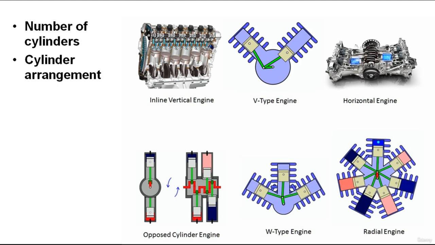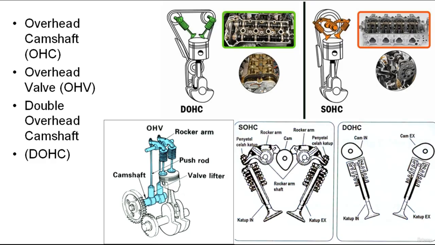Cylinder arrangement. An engine can be flat, opposed, inline, or V-type. Other more complicated designs have also been used. Also, we have the valve train type. Engine valve trains can be either the overhead camshaft, OHC type, or the camshaft in block, overhead valve, or OHV type.